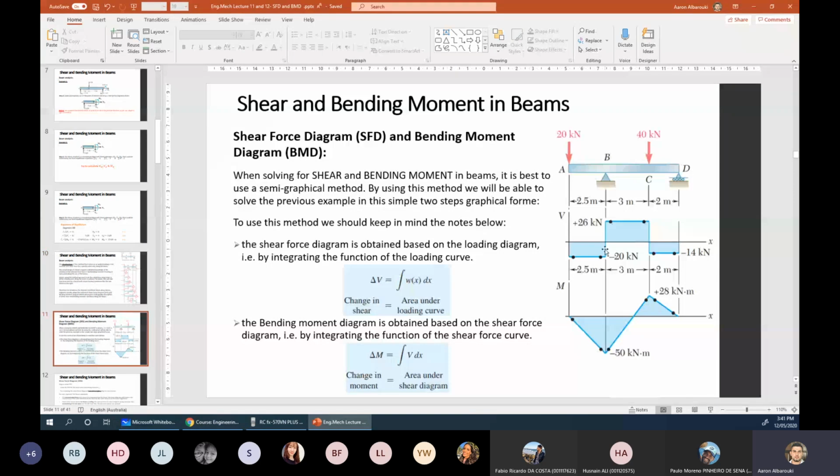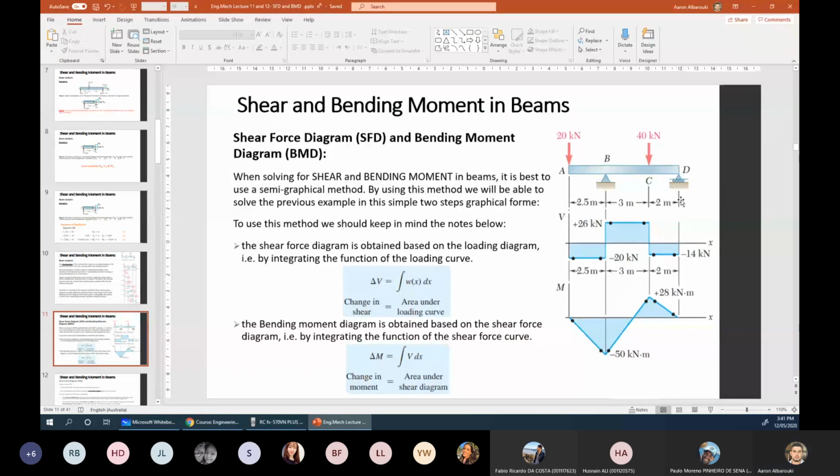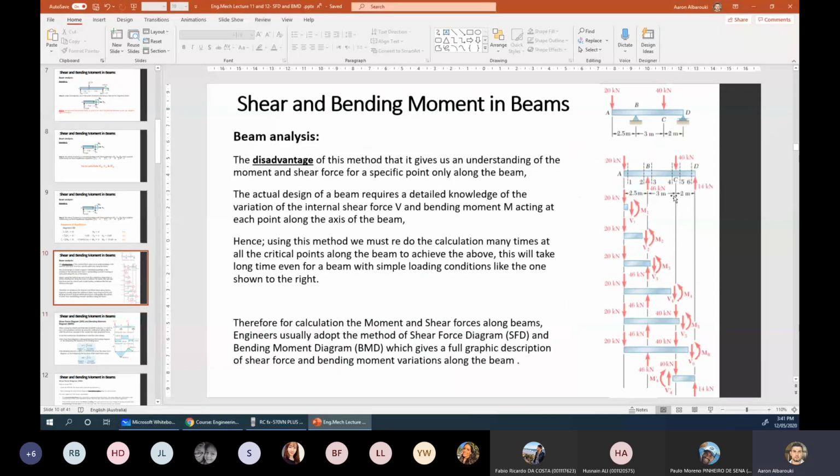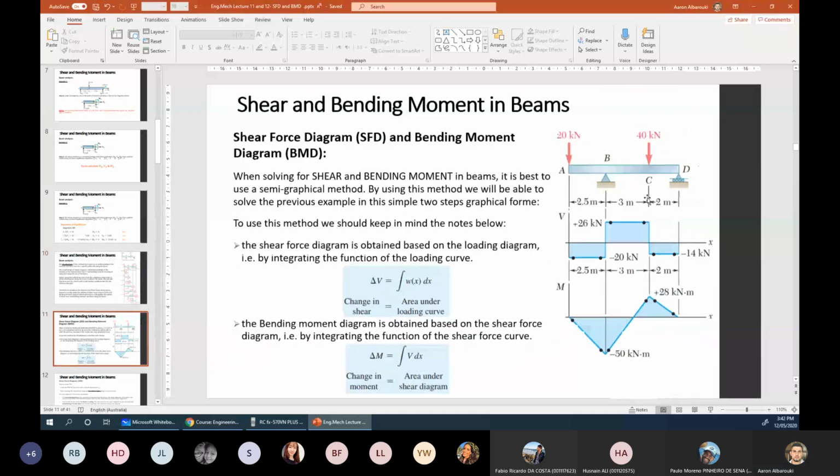Look how easy it is now. When you look at the beam, straight away, point load means I'm going down by 20, then going straight. I've got the reaction here. If I calculate the reaction, as we agreed, it is 46, going up by 46. That means I'm traveling at 26, then going down by 40, then going straight, then going up by 14, which is the reaction here. These are the reactions, look at them, 14 and 46.